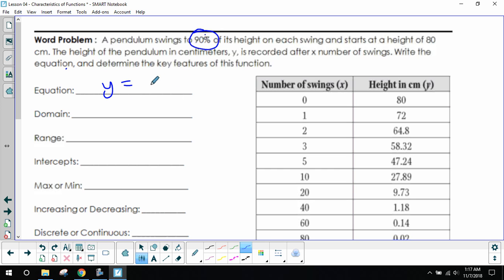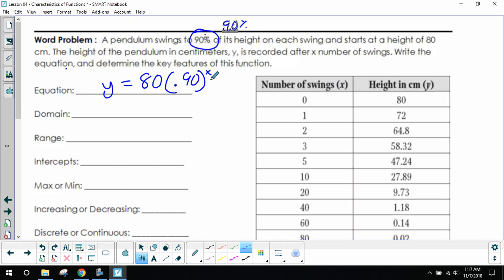It is swinging 90% of its original swing. And we put an X up top. And I did that based on how it was read. Also, you got to move the decimal over. Again, changing percent to decimal should be a no-brainer. So, we got our equation.